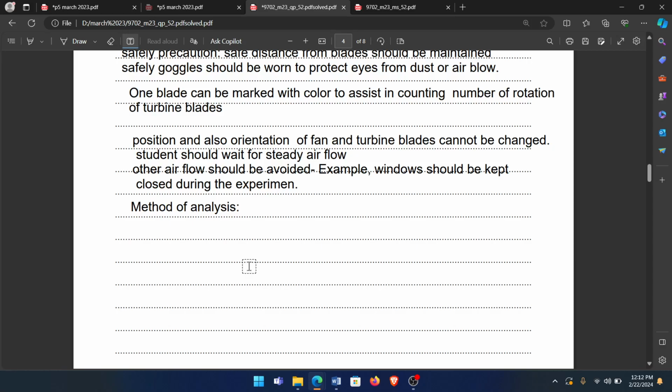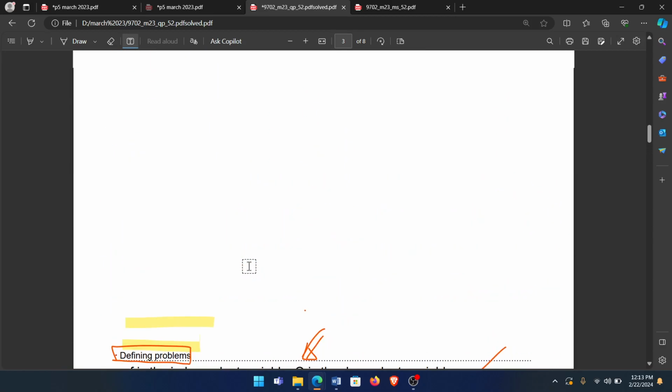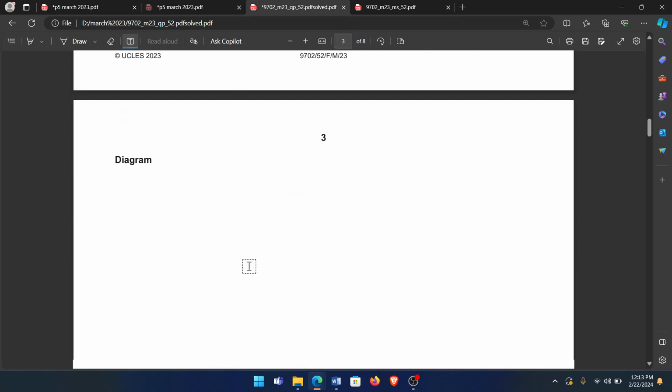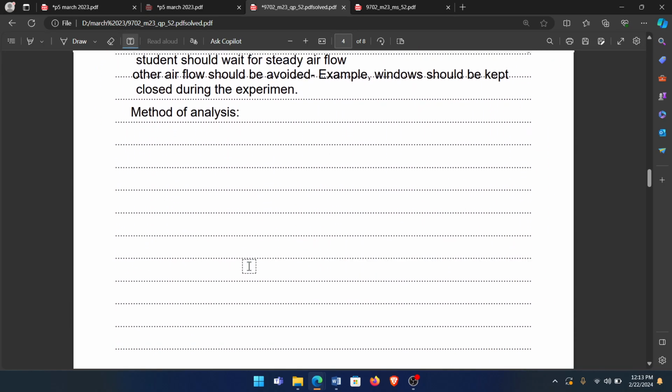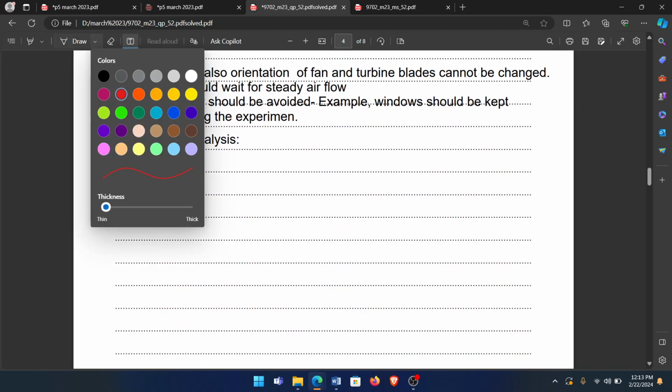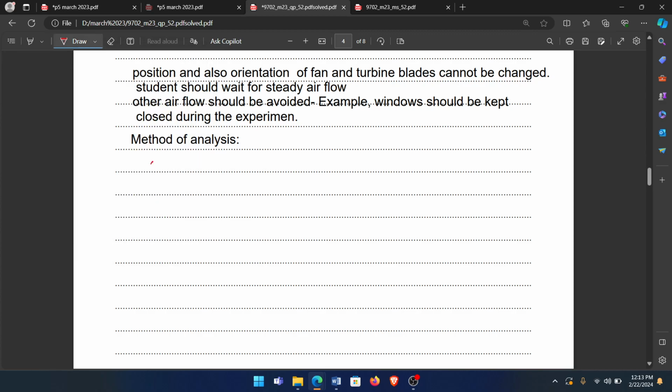What was the relation? The proposed equation is Q = C/(GH) + D/(GH) F Q, right?